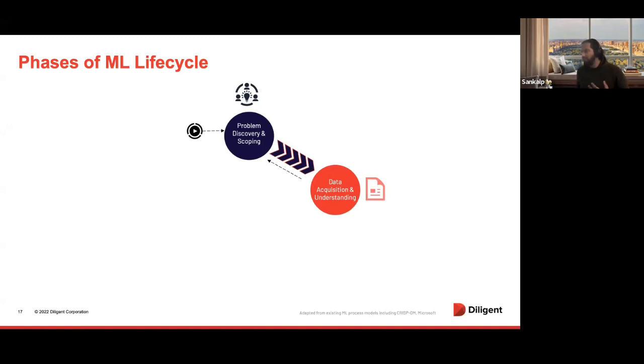Once we have decided on a machine learning business use case, the framework guides you through different stages of data acquisition and understanding. Here, you would think about how you acquire your data. You would perhaps talk to data teams and domain experts, right? You would try to integrate or align your data points together.